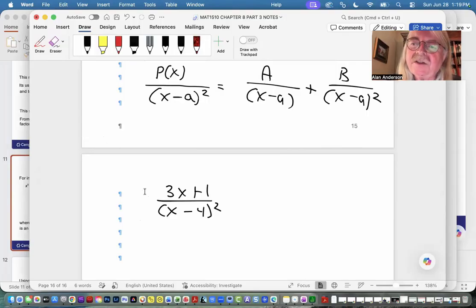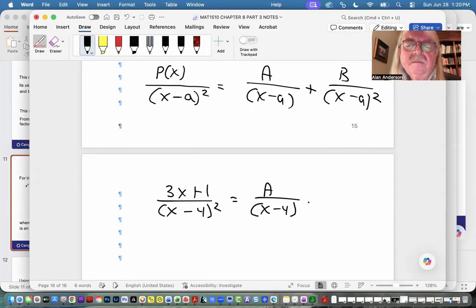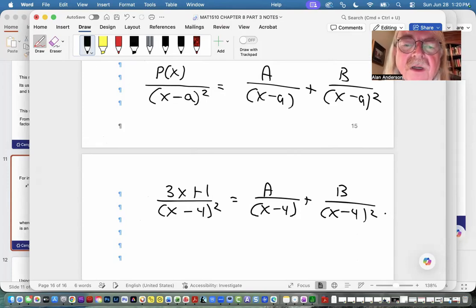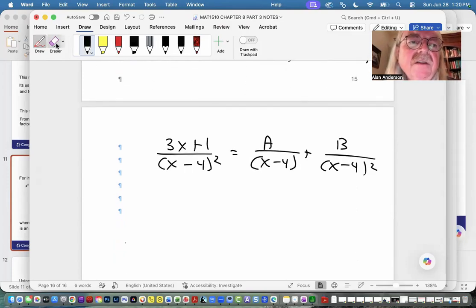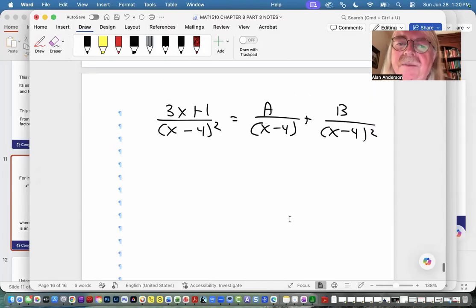Integration is what we're doing to it, but the partial fractions is just this part. Okay, so let's write it like this. Now, just like before, we're going to cross multiply by the denominator on the left. Okay, that'll be the quickest way of reducing it to something manageable so we can solve for A and B.